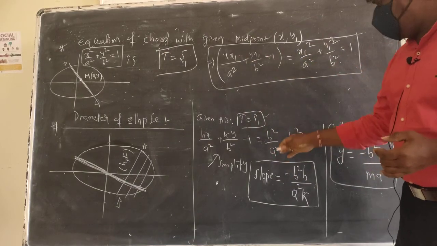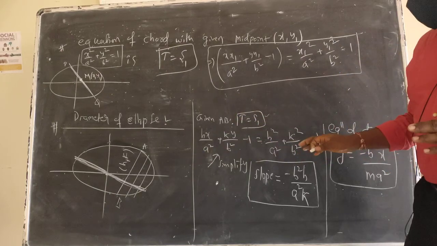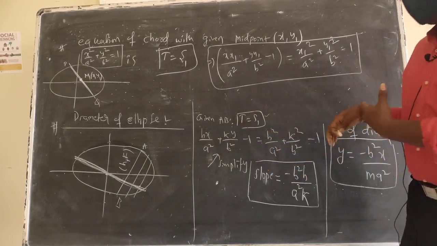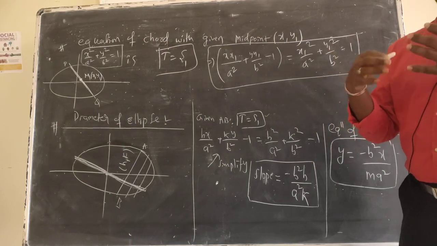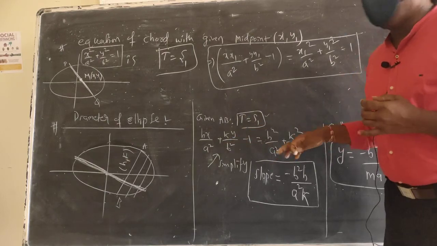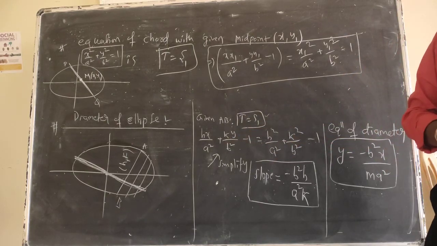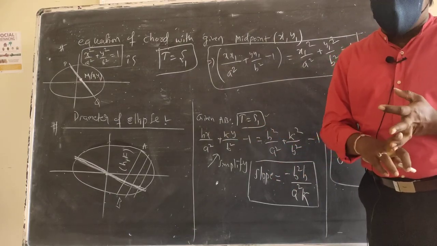I substituted h comma k in this formula, and this is like a line, something a into x plus something c into y is equal to some constant. So this line will have a slope. The slope of the line is minus x coefficient by y coefficient.